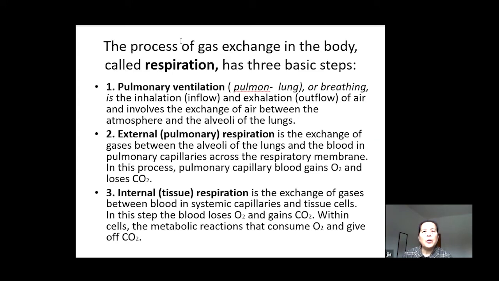So the main function of the respiratory system is gas exchanging. Then let's talk about some details of the gas exchanging part. Gas exchanging, we call it respiration, and it basically includes three parts.